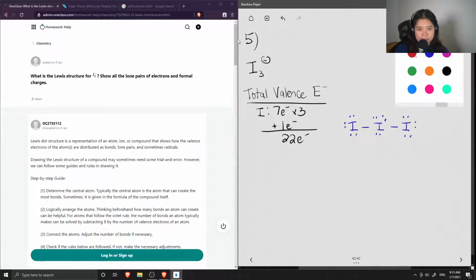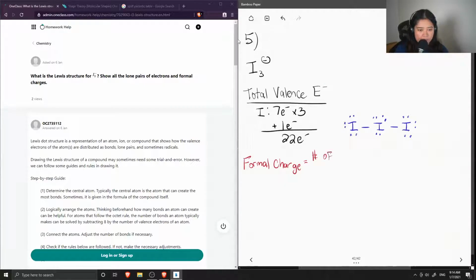And now I'm just going to find out the formal charges of each of the ions. So the equation for formal charge is equal to the number of valence electrons minus the number of non-bonding electrons.